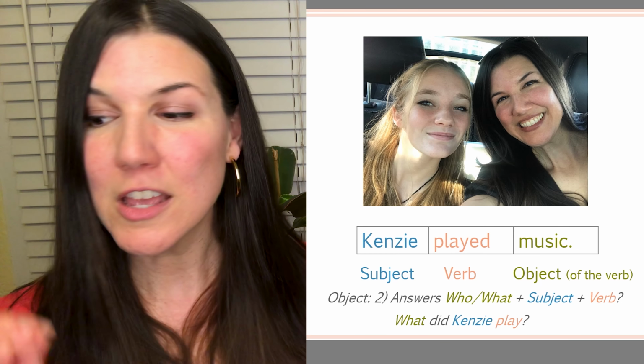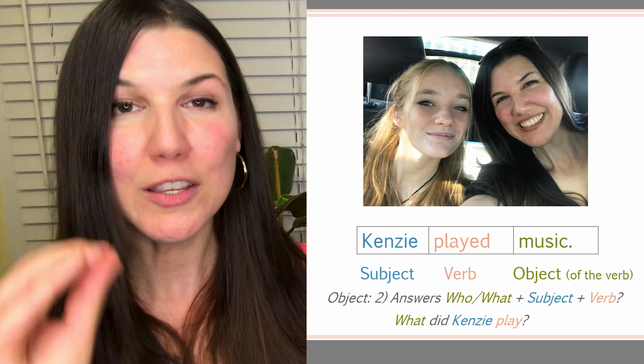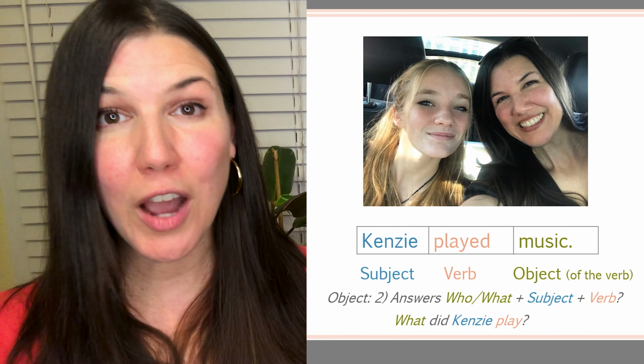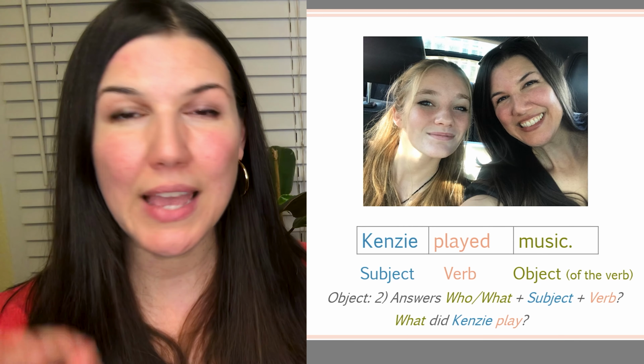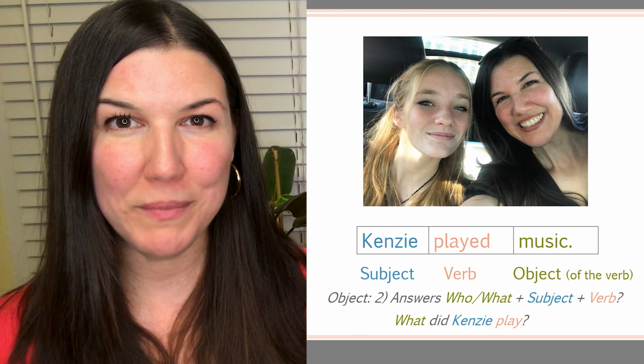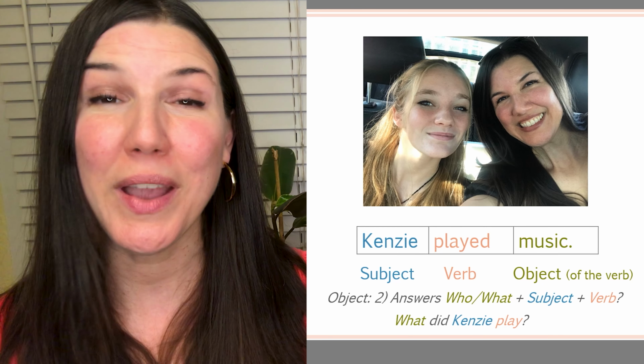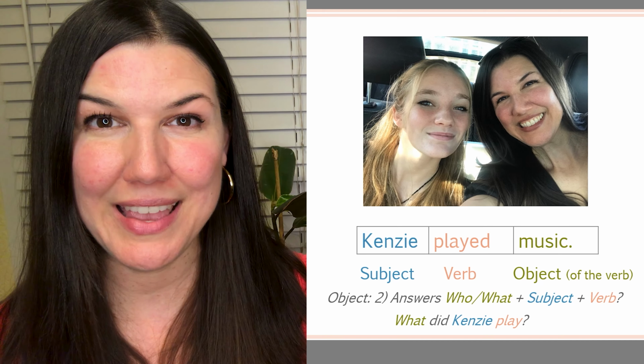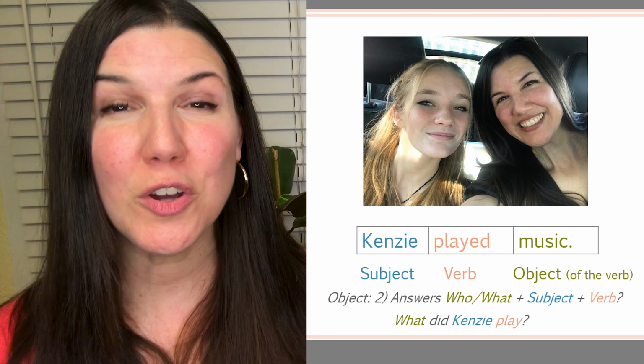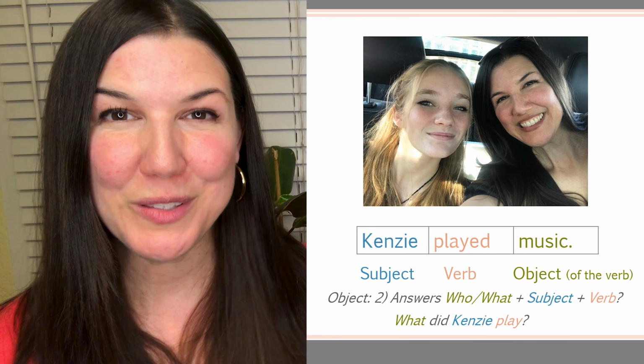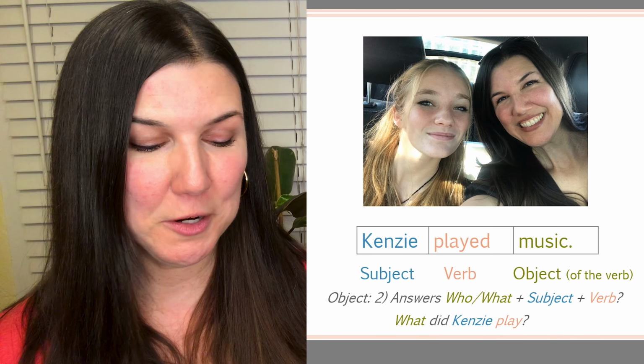So as I said, knowing how to identify your subject and your verb and your object in your sentence is going to help you clear up so many of your grammar mistakes and your writing mistakes, your speaking mistakes in English. And I'm going to show you more examples of those mistakes and how to fix them in just a little bit.